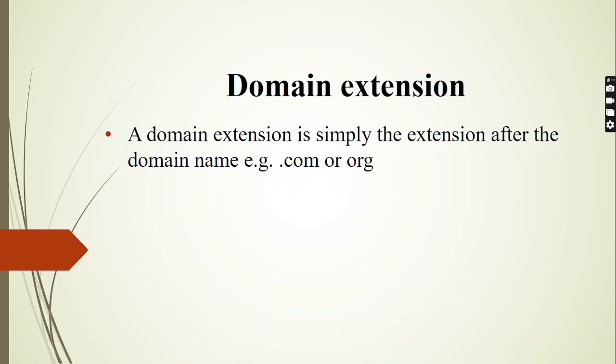We also have the domain extension. Most websites you might visit would have an extension of .com. The extension is what is after the domain name. For example, if you have www.sample.com, that .com is the extension. That .com or .org has significant meanings for the hosting, the type of website, and the meaning of the extension.